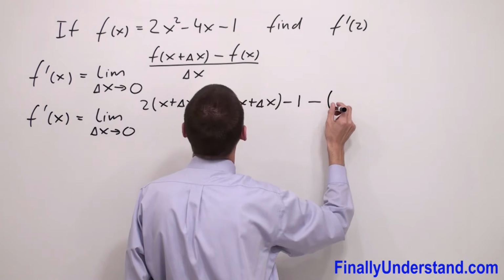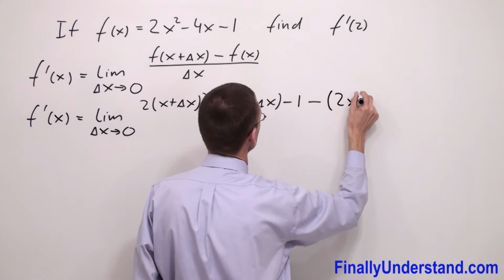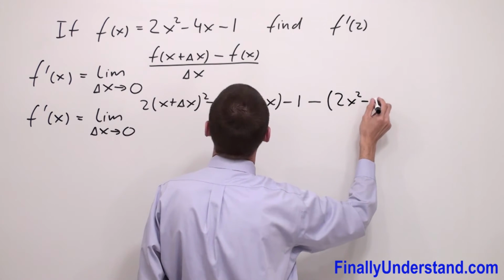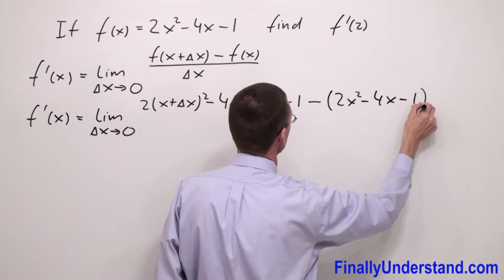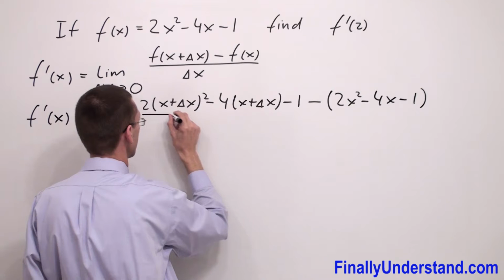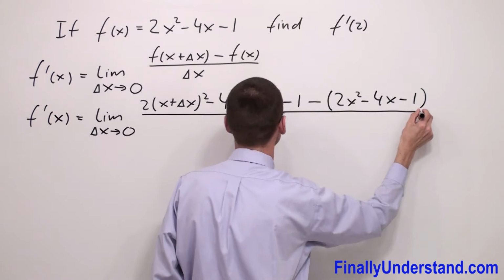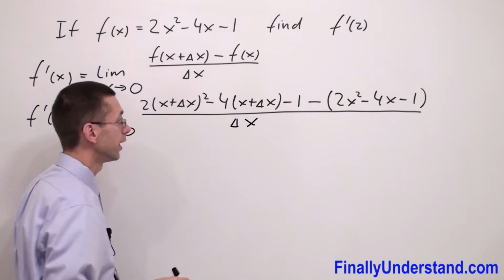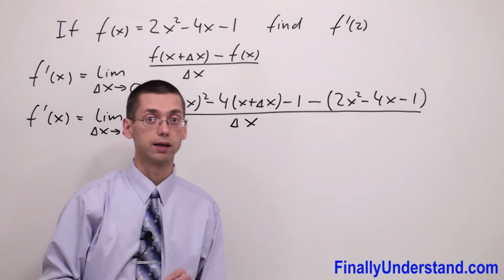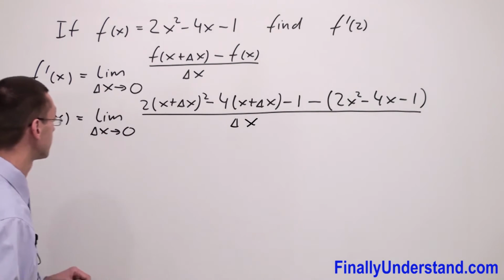I have to use parentheses, so I have 2x squared minus 4x minus 1. Everything is over delta x. Next, we're supposed to organize the numerator.